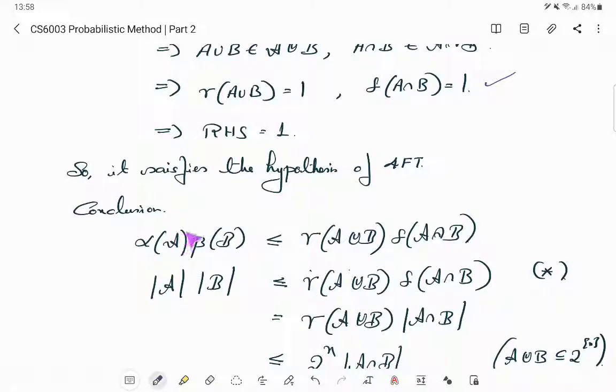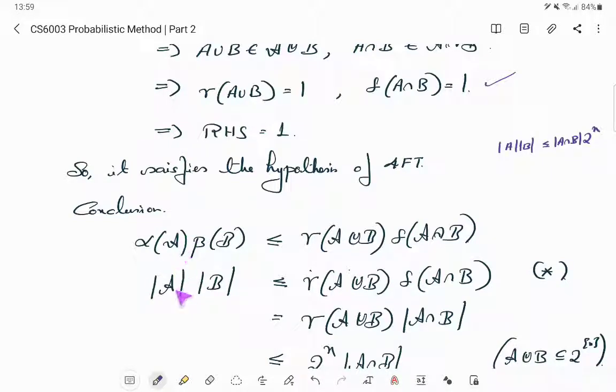Now what is the conclusion of the 4 functions theorem? Alpha of the first family times beta of the second family is upper bounded by this. Now let us convert that in terms of, remember what is Kleitman's inequality? This is the size of A times the size of B less than or equal to the size of A intersection B times 2 power n. This is what we have to prove.